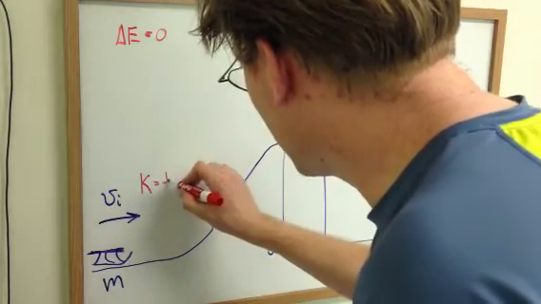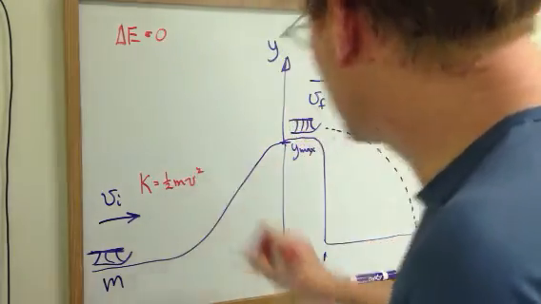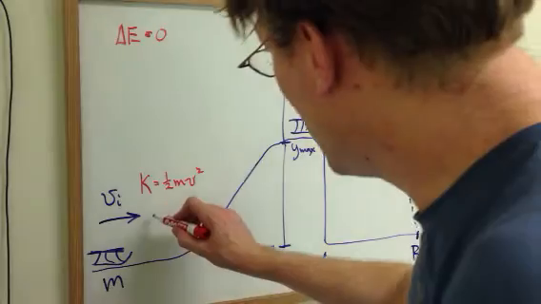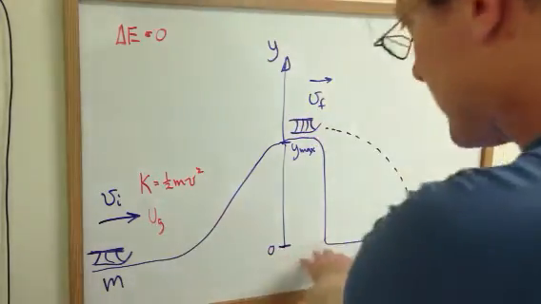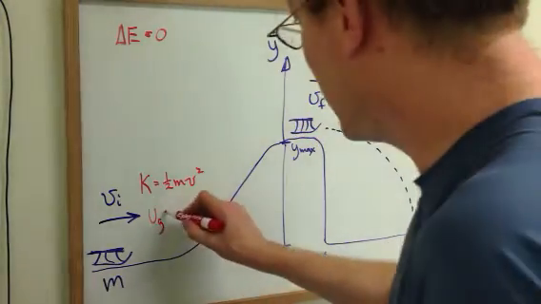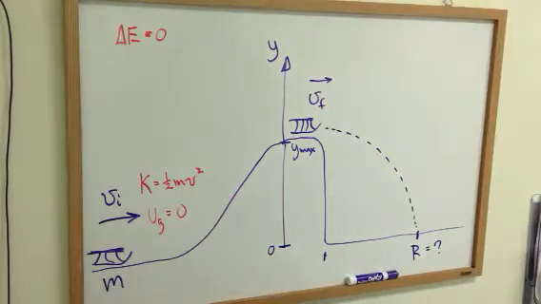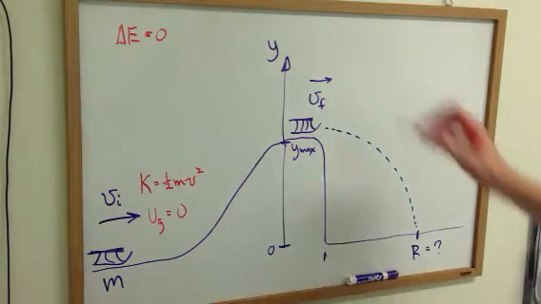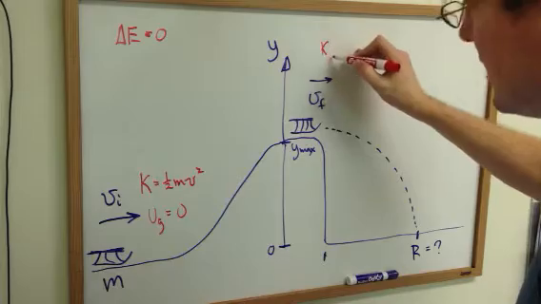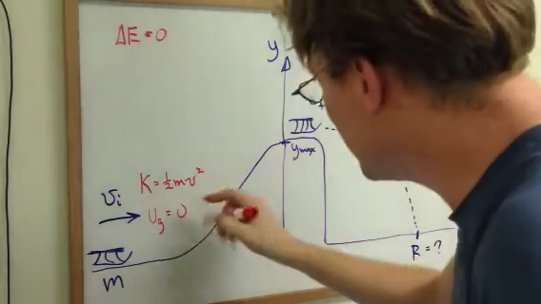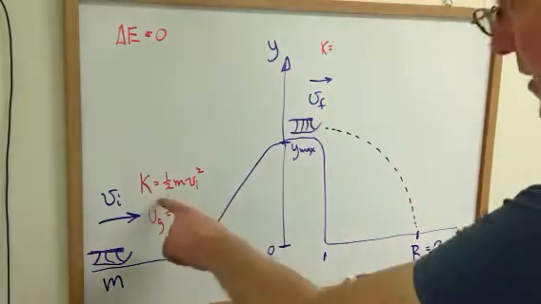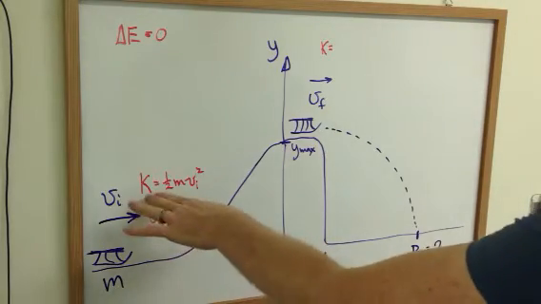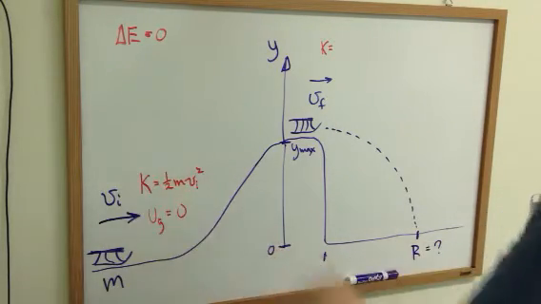There's a lot of kinetic energy, 1/2 m v squared, and there's no gravitational energy. If we call this level 0, the gravitational energy will be 0. Down here, the kinetic energy is 1/2 m v initial squared. We know that value. We're given it, so we can calculate how much energy is down here.